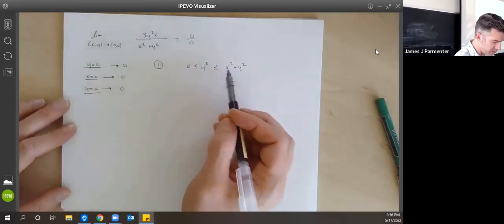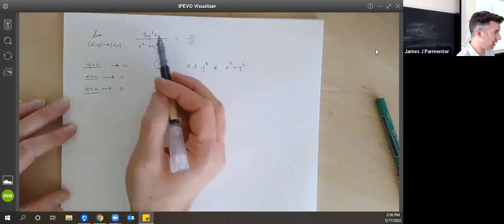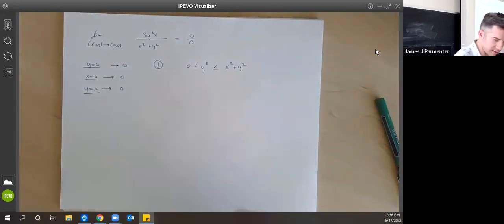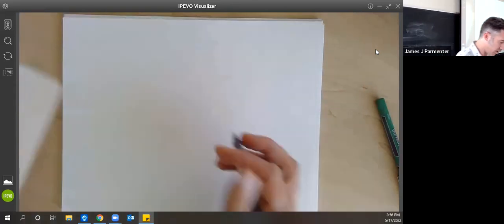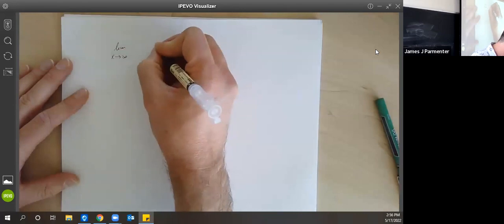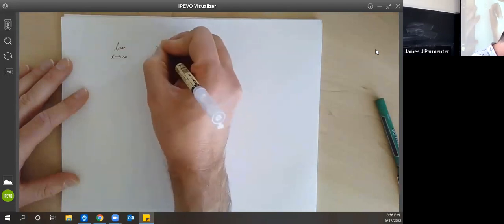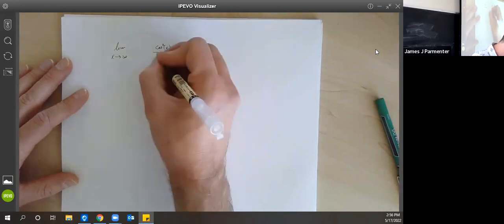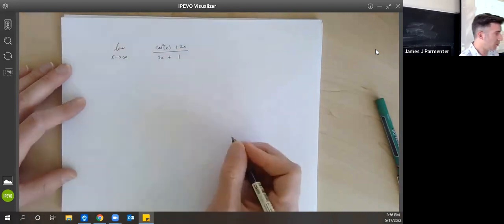And then we're going to manipulate the middle to look like what we're trying to take the limit of, just like you would with the regular squeeze theorem. If we were doing something from back in the day, like the limit as x goes to infinity of cosine squared x plus 2 over 3x plus 1, we would do the same sort of thing.